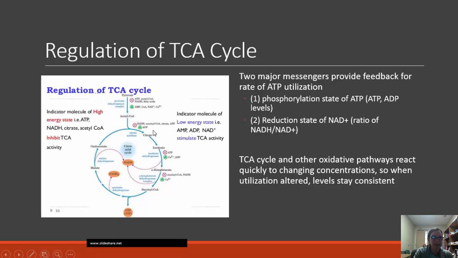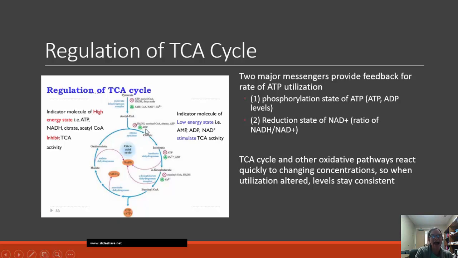And I like this graphic here. I think it shows it really nicely. But let's look at a couple of places where, for instance, right at this step with the citrate synthase, we can see that if we have ATP or NADH, those are going to inhibit this enzyme from making the cycle go, where we're going to produce more ATP and more NADH.